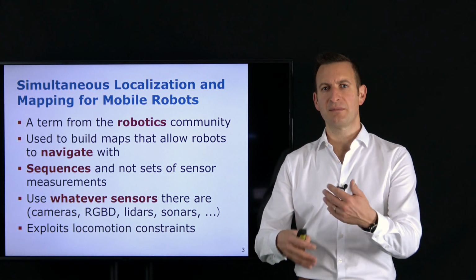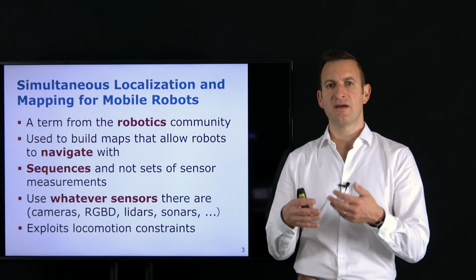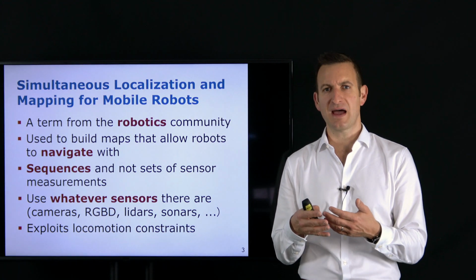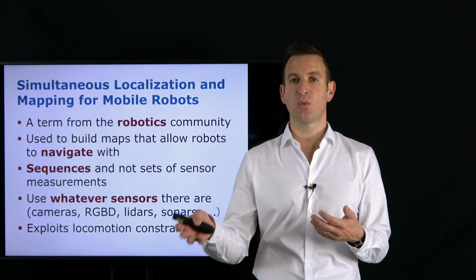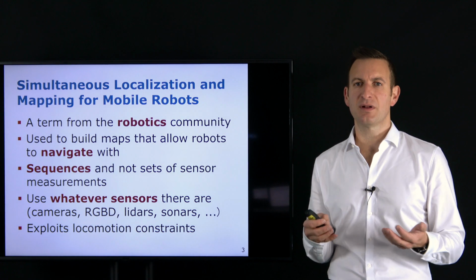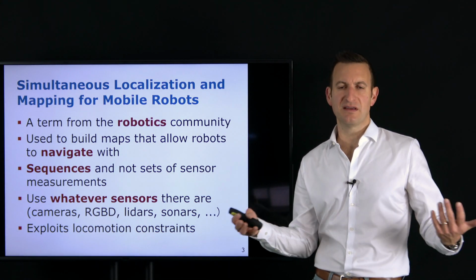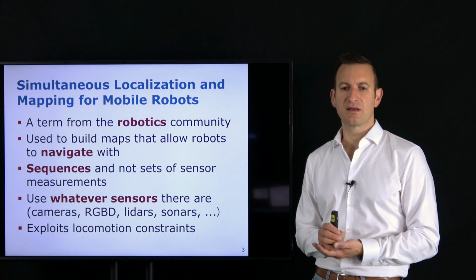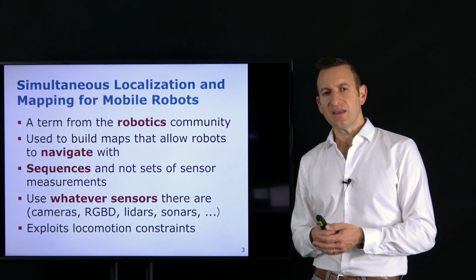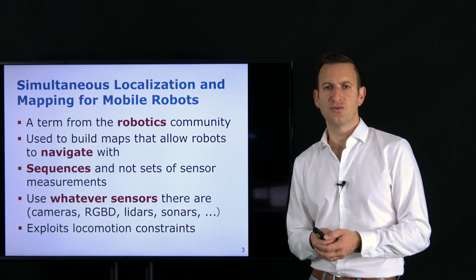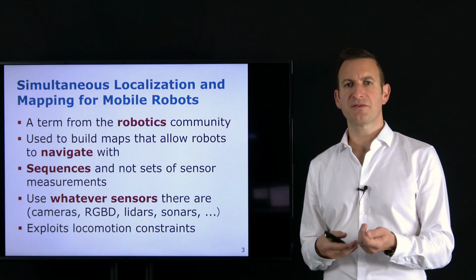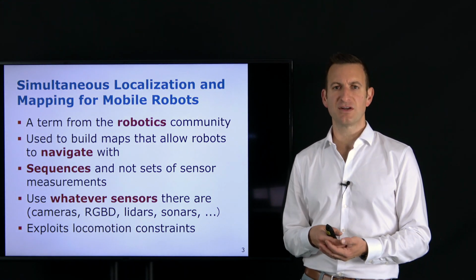So we know that, for example, two images which have been taken close to each other in terms of time, so let's say one image taken 1 second after another image, have typically also been taken from a place which is not too far away. Basically, it depends only on the speed that my vehicle can take. So in SLAM, as opposed to bundle adjustment, for example, we often explicitly exploit this sequential information.